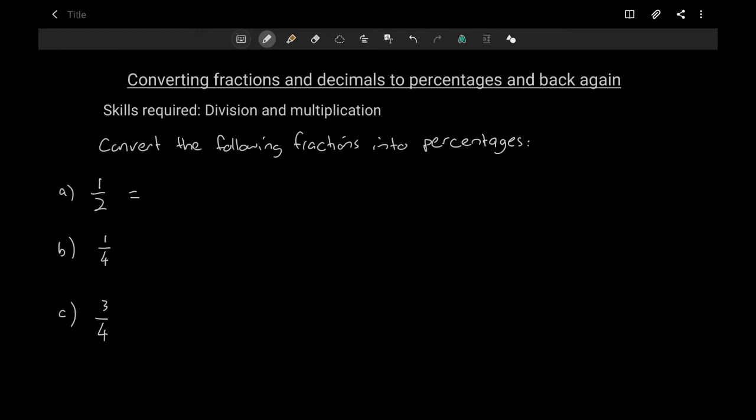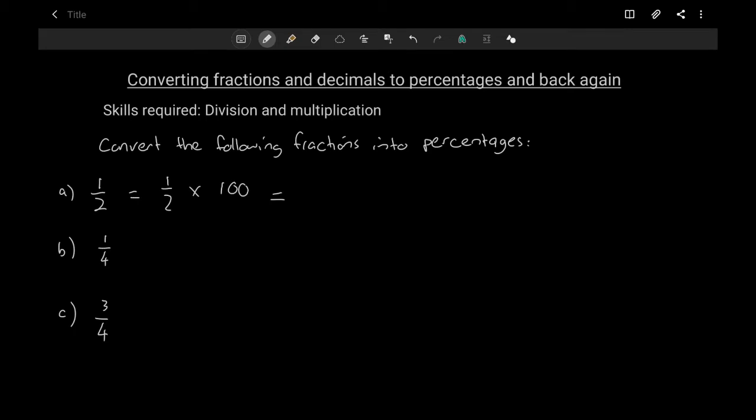In the first example, we're asked to convert 1/2 into a percentage. So how do we do that? Remember the rule. Converting a fraction to a percentage, you need to multiply that fraction by 100. So let's do that. 1/2 multiplied by 100.